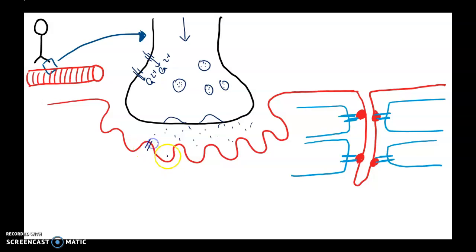The acetylcholine binds to specific receptors, specific channels, and these channels are called ligand-gated sodium channels. As acetylcholine binds to the ligand-gated sodium channels, what comes in? The gates open and sodium comes in.